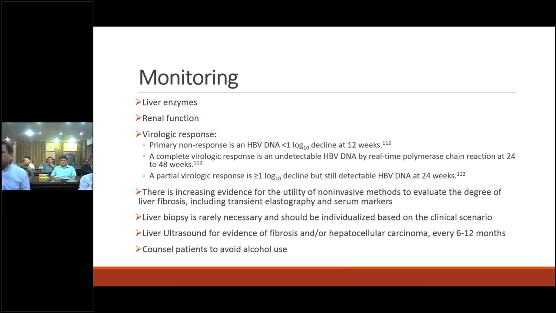And there are different forms of tenofovir. There's the tenofovir disoproxil fumarate or the tenofovir alafenamide-based regimen. And this is regardless of the person's CD4 count or their hepatitis B DNA level in the blood.